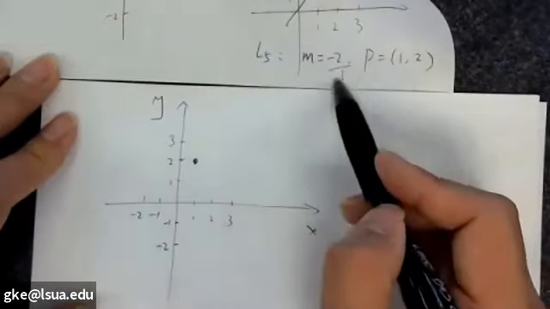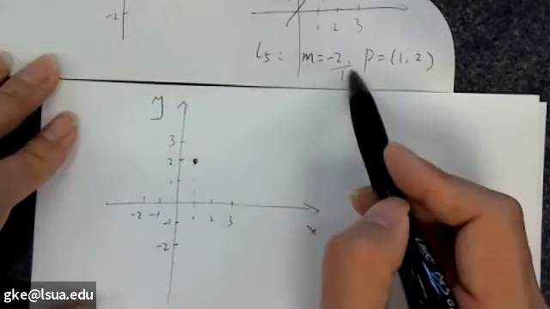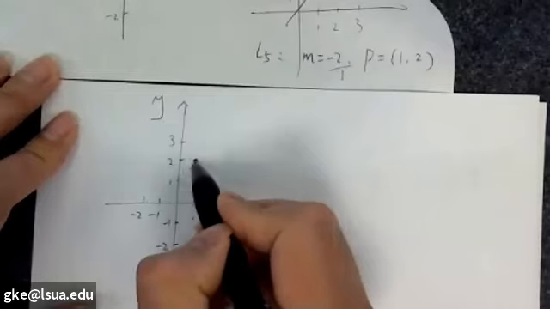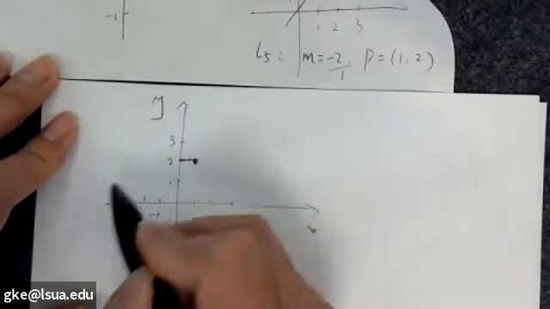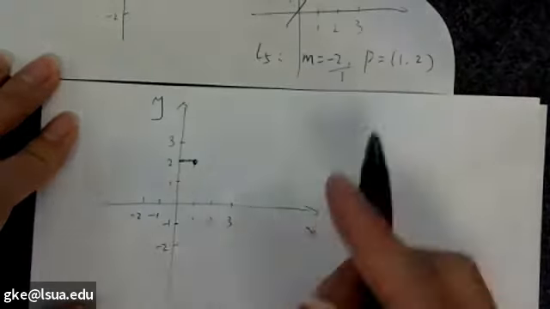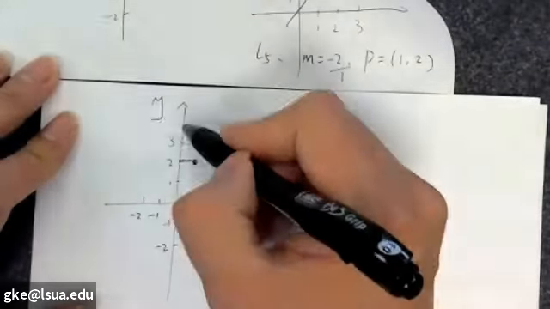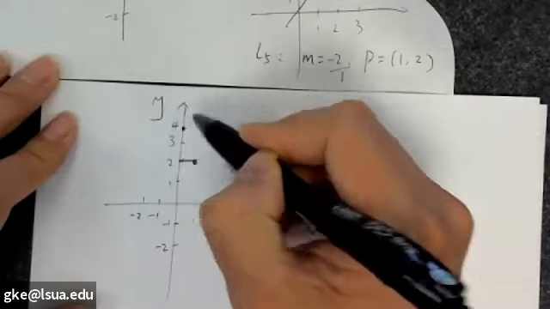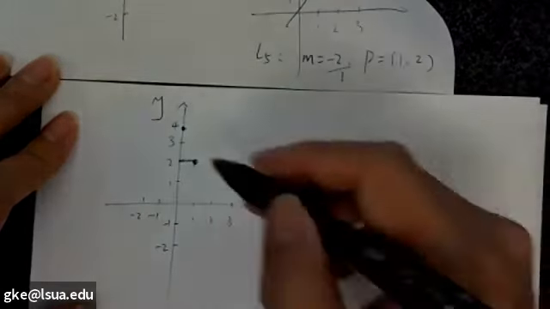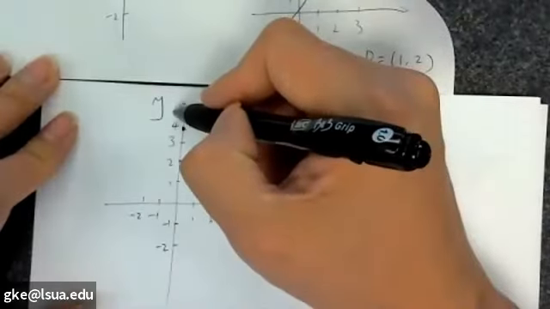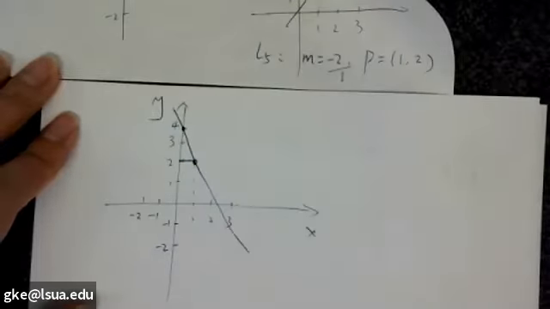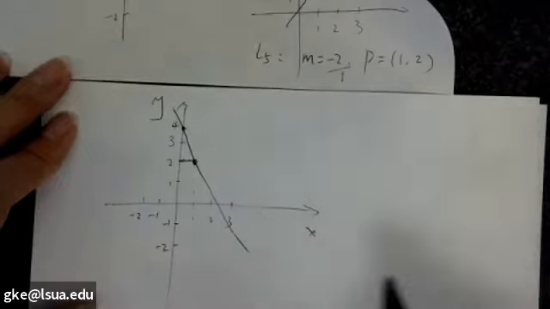So we move backwards 1 unit because here is negative. Backwards 1 unit is here. And upward 2 units. (1, 2) is here, right? 2 units. So connect these 2 points to here. Right? That's the line equation.